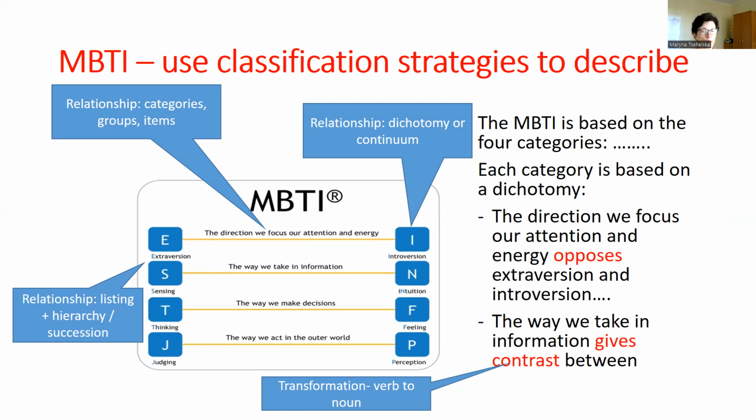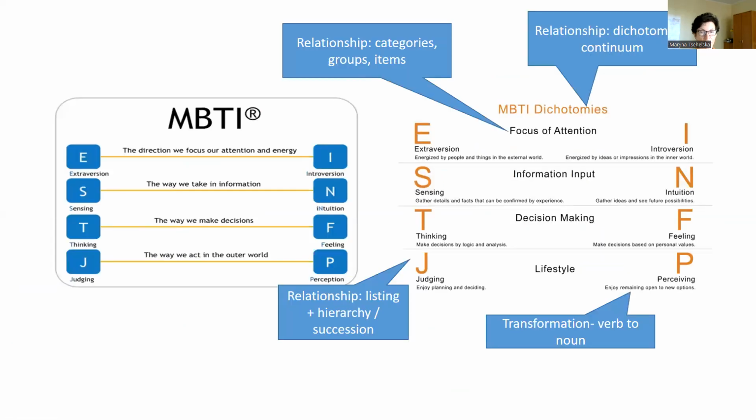Also, for speaking, we will need the transformation. So let's look at the two types of visuals. One we have already studied, and another one presents the same information, only in a more structured way.